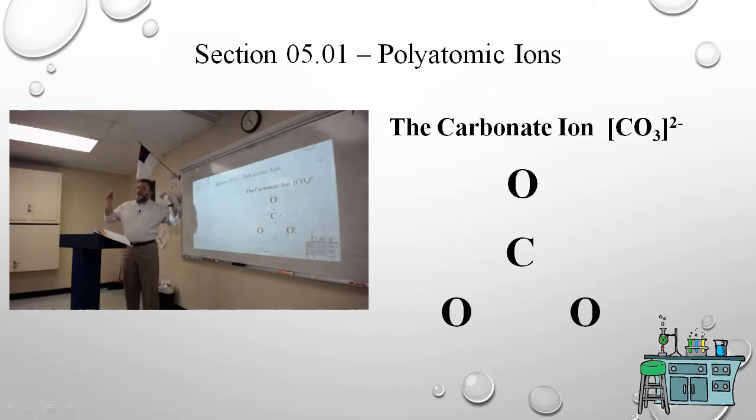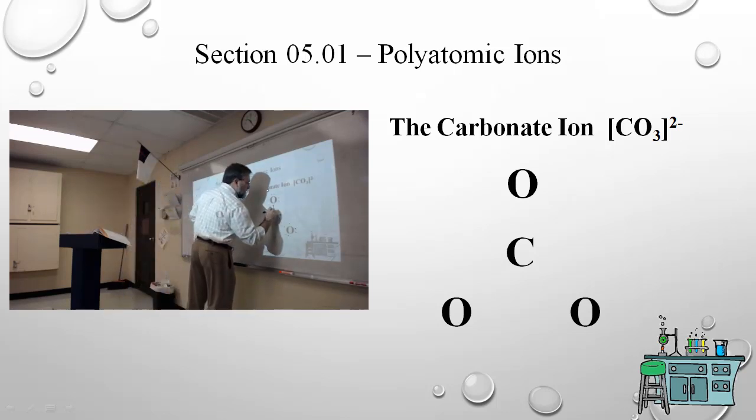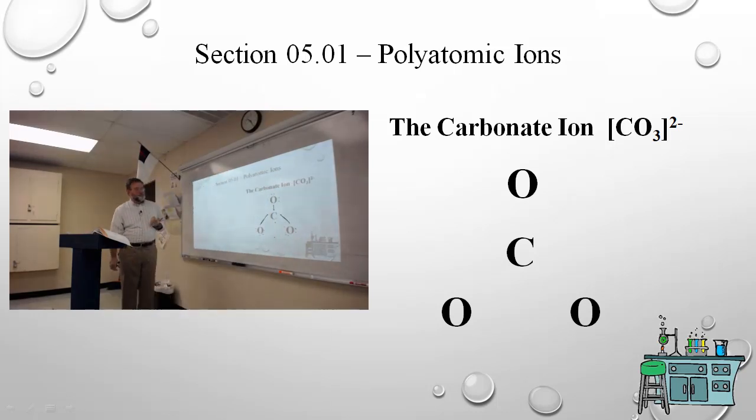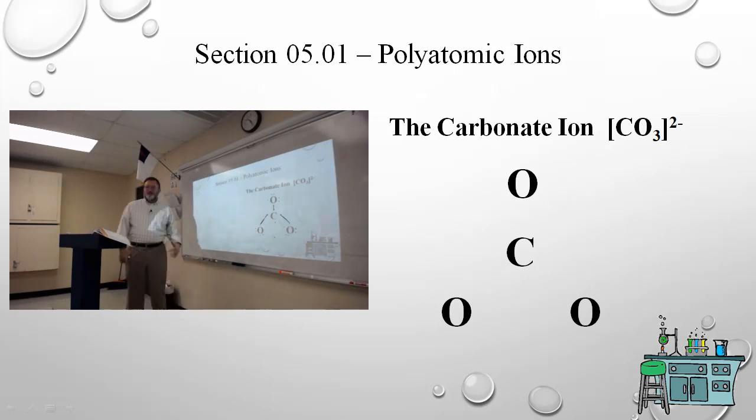And we know that since it's a molecule, there's at least 1 single bond between all of them, right? So let's go ahead and do the singles. There's a single bond, and there's a single bond, and there's a single bond, okay? Now, this is a smudge on the board, so don't think that's an electron.